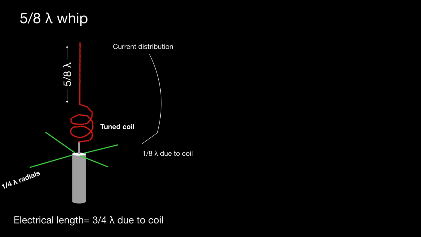And the tuned coil is electrically 1/8 lambda long. And you can see the current distribution there across the length of the antenna, the main radiating part of it towards the center of the antenna. So it's a fairly efficient antenna, but of course 1/8 lambda radiation is crammed into a shorter physical length, hence the kink there in the current distribution graph.